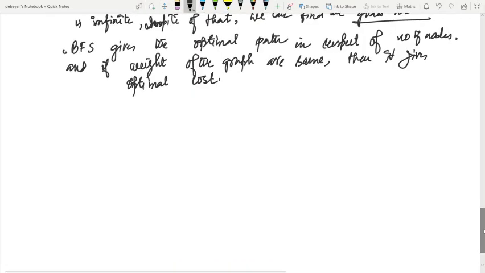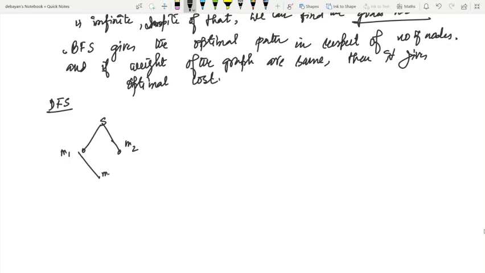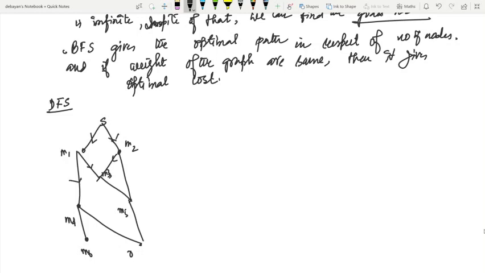In the case of DFS, say this is S, this is M1, this is M2, this is M3, this is M4, this is M5, this is R, and say this is M6, it is given like that.